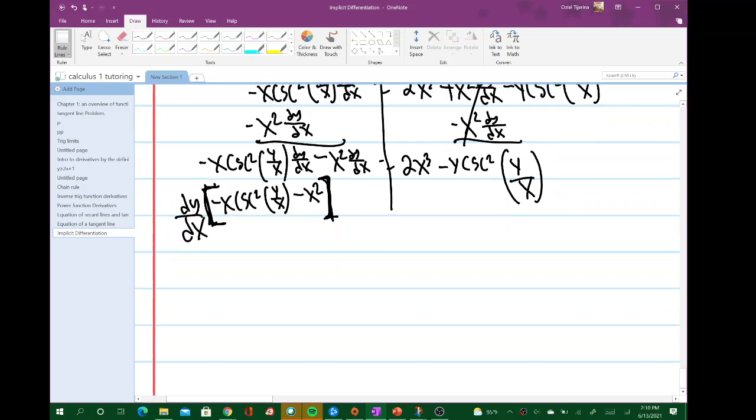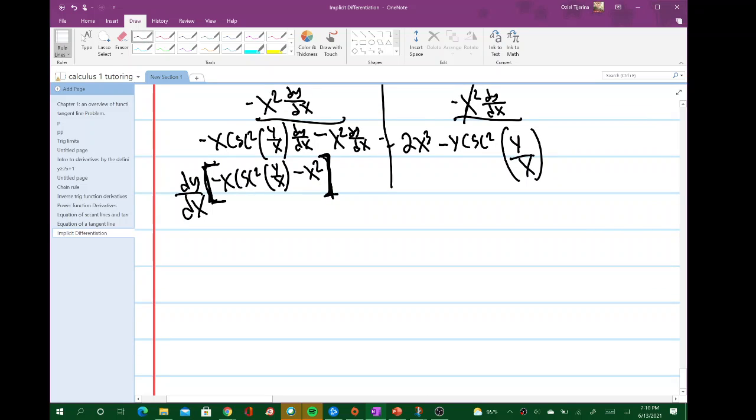So then you have, and then you're going to divide by negative x cosecant squared of y over x minus x squared.